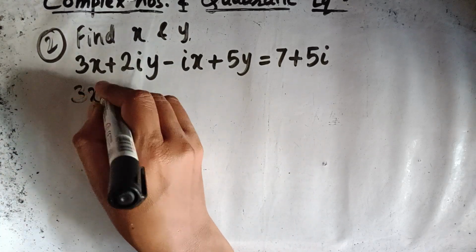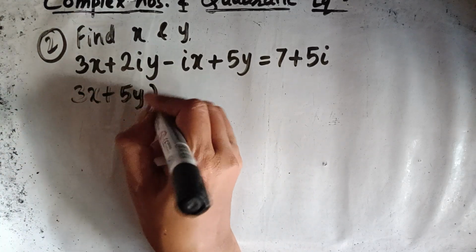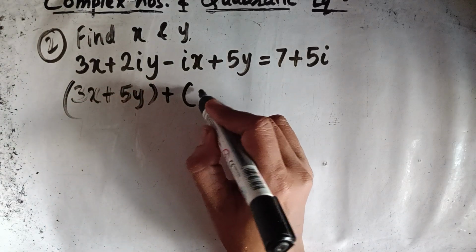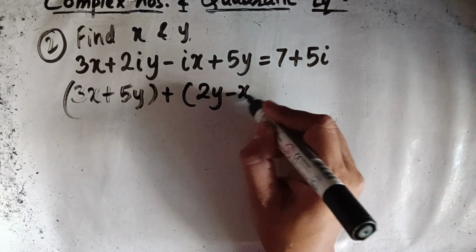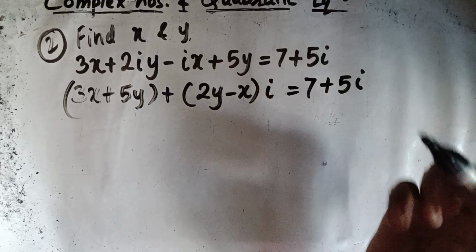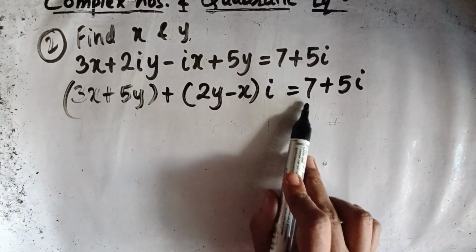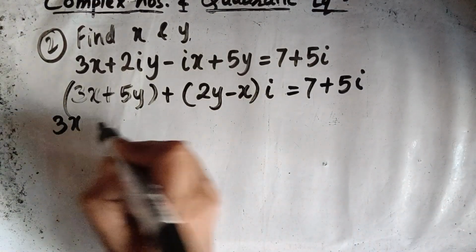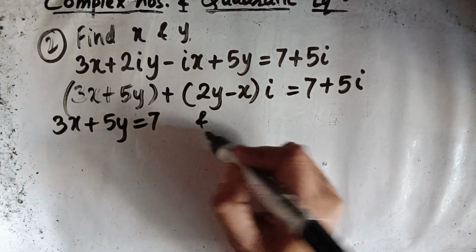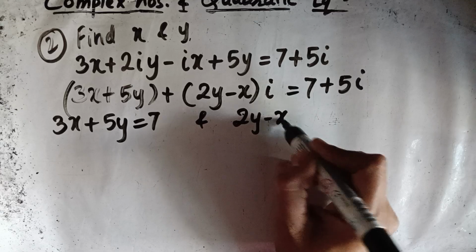So this is 3x plus 5y plus 2y minus x I. Now you can compare. Comparing real parts, 3x plus 5y equal to 7 and 2y minus x equal to 5.